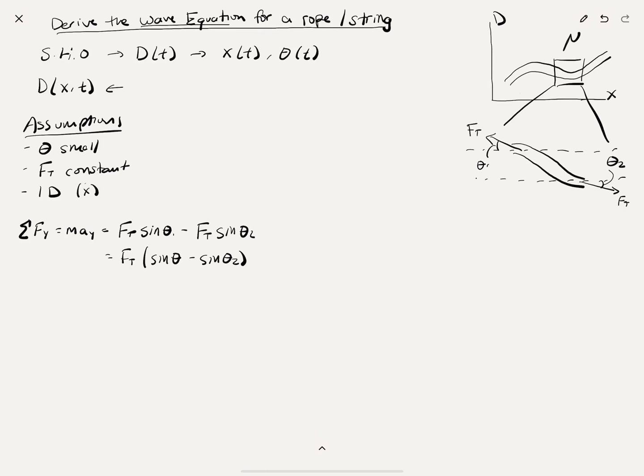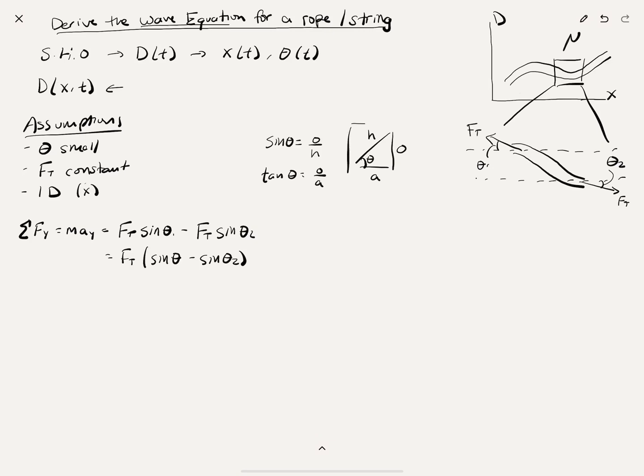Now, to get rid of these sines, we're going to use a trig trick. So take some arbitrary triangle, all right? This is theta, this is our opposite side, this is our adjacent side, and this is our hypotenuse. And we remember that sine theta is opposite over hypotenuse, and tangent theta is opposite over adjacent.